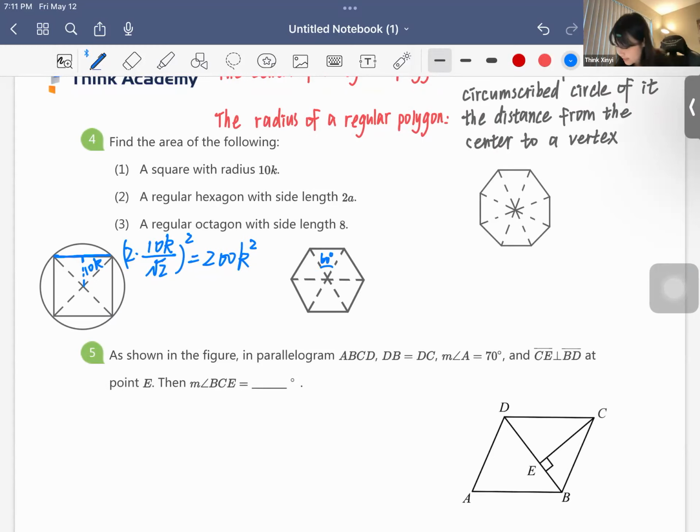If the side length is 2A, then if we have a line perpendicular to the side, half of it should be A. And as it's an equilateral triangle, the radius is 2A, and the height is root 3 A.